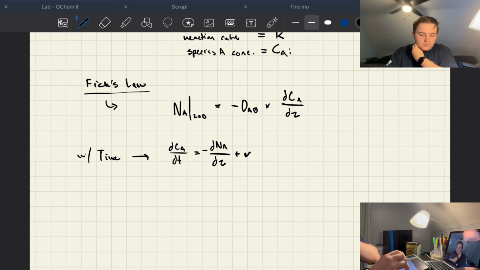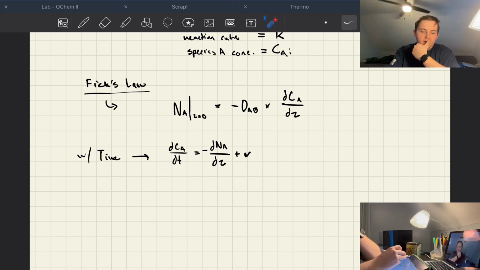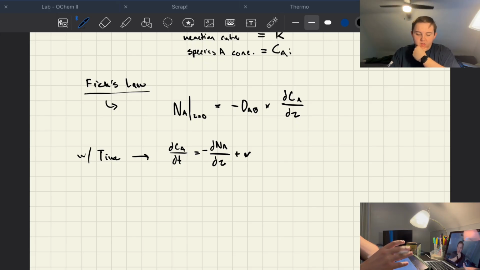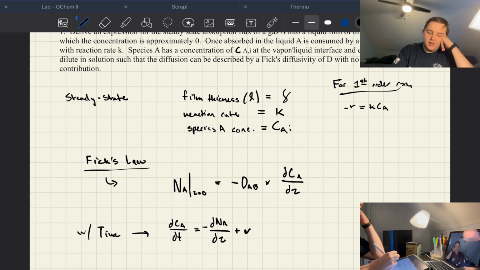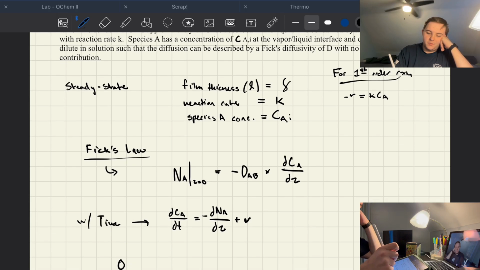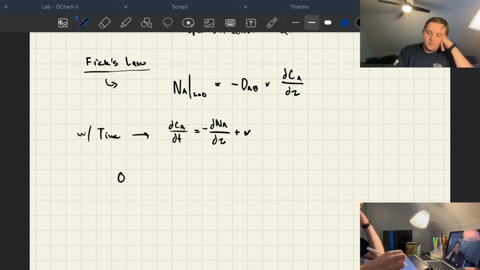So this term right here is equal to 0, and we just know that when Z equals 0. So we can say that's 0, and then we'll have everything on our right. Let's rewrite that, adding our first order reaction into it as well.